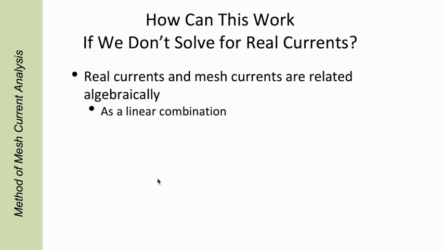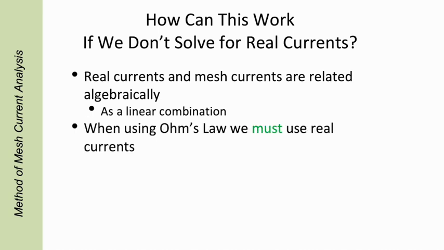Okay, so how can this technique work if we don't solve for the real currents, which is what we're really after at the end of the day? Well, the real currents and the mesh currents are related algebraically as a linear combination. That's why we can solve for the mesh currents and ultimately reveal the true currents, the real currents.